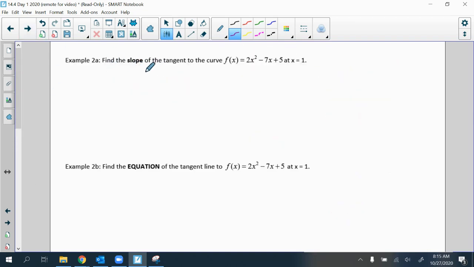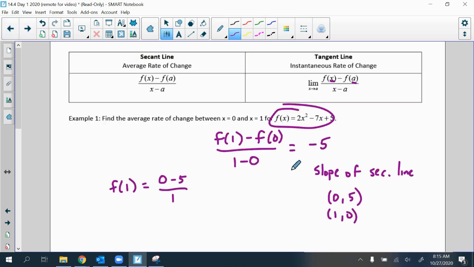Now we're going to find the slope of the tangent to the curve at this point. Remember, the secant line connecting 0, 5 and 1, 0. It's not quite the vertex, but there's my slope there.